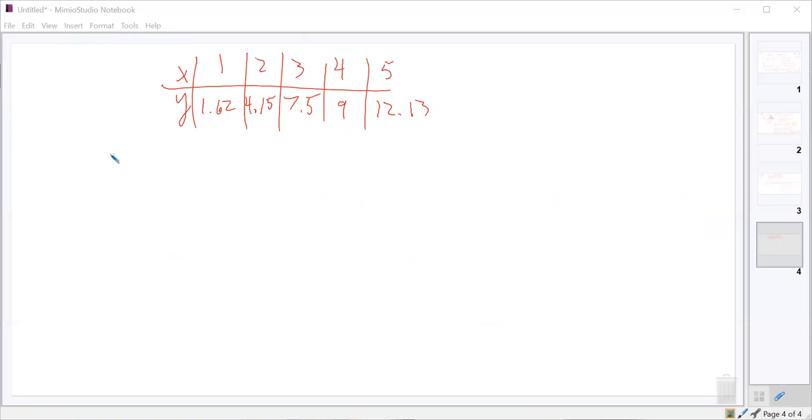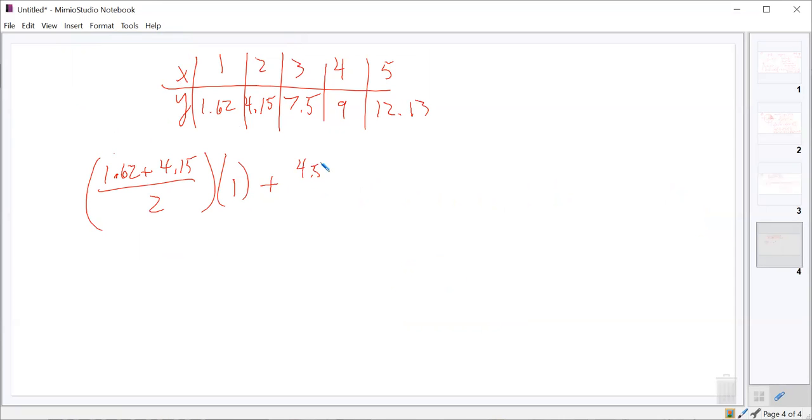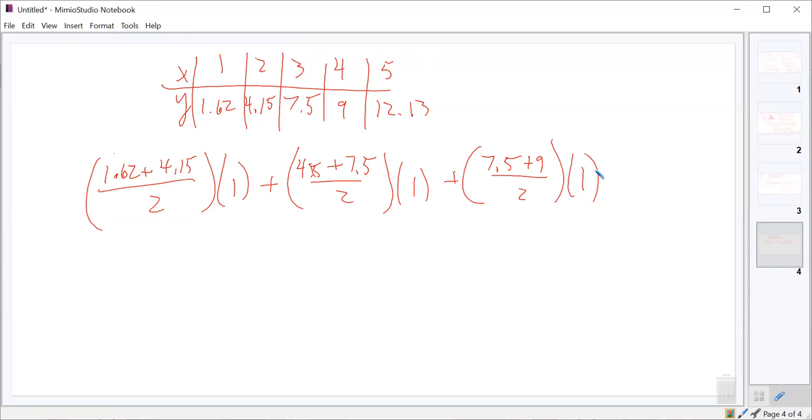So if you were going to not use the formula for this one, you would just find the area of each trapezoid, which would be 1.62 plus 4.15 divided by 2. So the average of the first 2 bases times the length of the subinterval, which is 1. And then same thing again, 4.15 plus 7.5 over 2 times 1, because the subinterval is again 1. Then you do 7.5 plus 9 over 2 times the length of that subinterval, which is again 1.